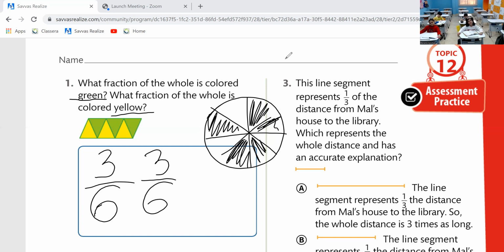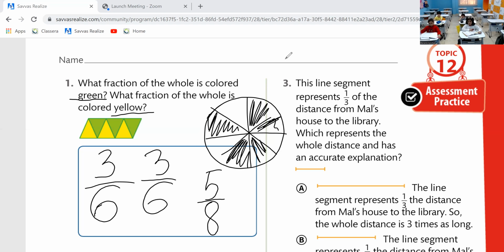Look at the board, how many parts are shaded, colored? Mohammed, how many parts are shaded? 1, 2, 3, 4, 5. Okay, good, 5 out of how many? Count. 1, 2, 3, 4, 5, 6, 7, 8. Out of 8. So 5 out of 8 are shaded.